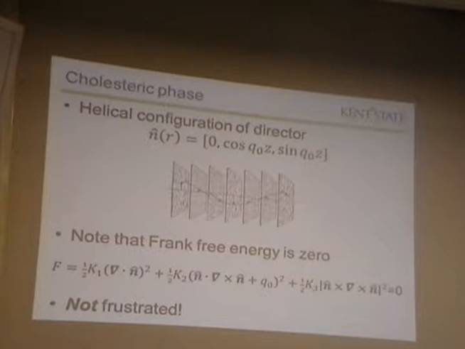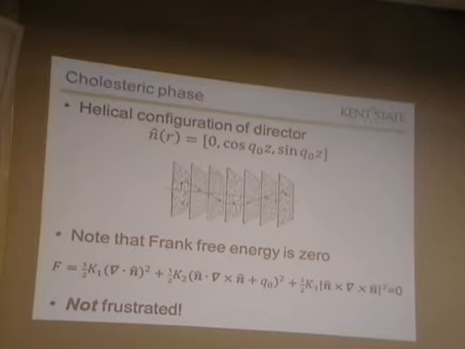And I imagine that you've seen this kind of configuration before, and some of our previous lectures have been talking about cholesteric liquid crystals.